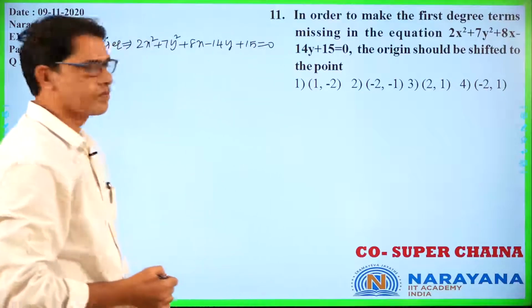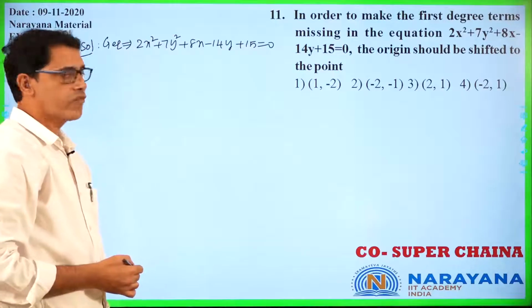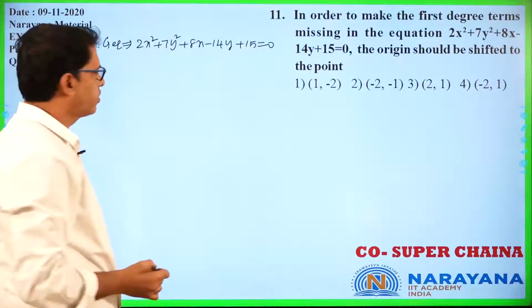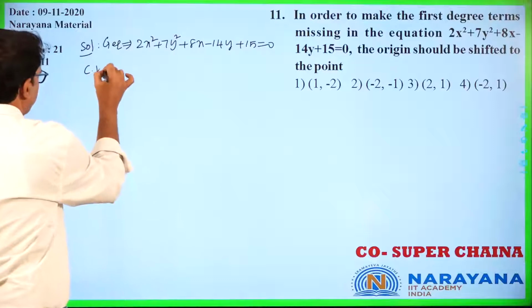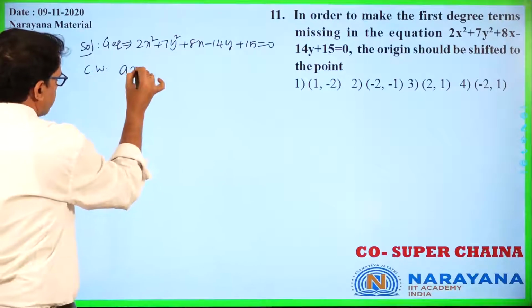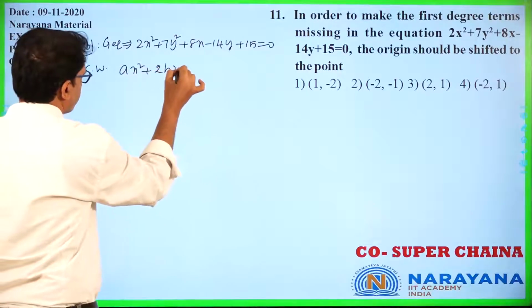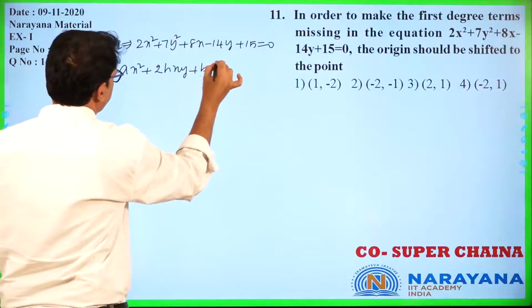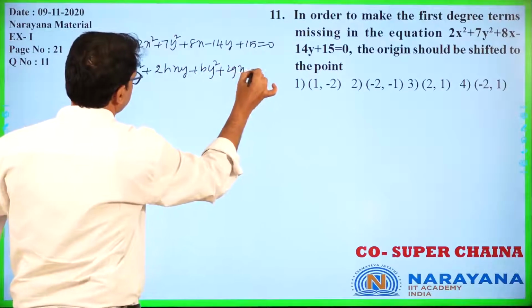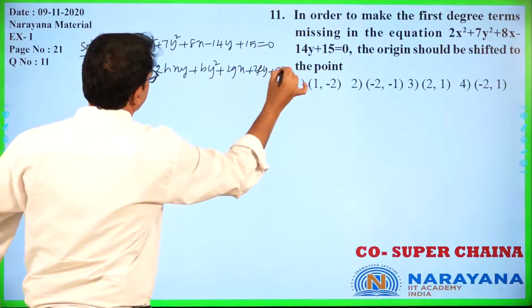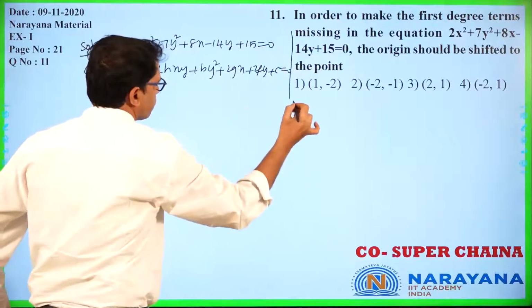Okay. Now comparing with the standard form ax square plus 2hxy plus by square plus 2gx plus 2fy plus c equals 0.